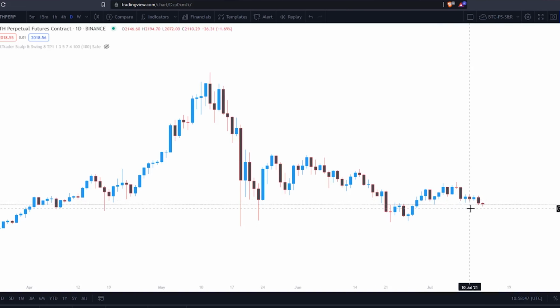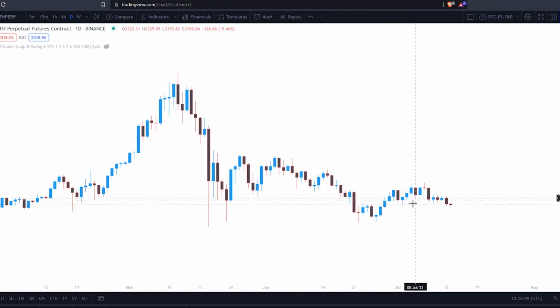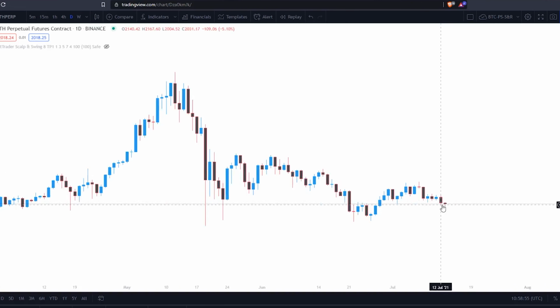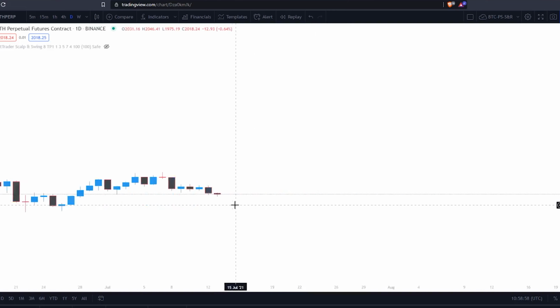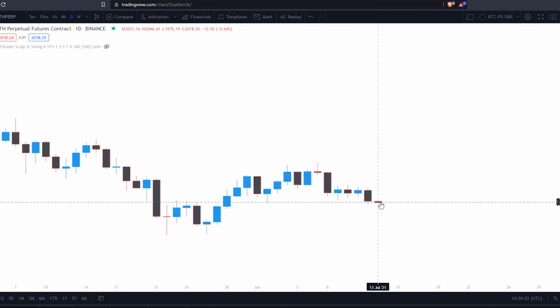And now we're in a position where these candlesticks are a lot smaller, and this would be a good example: we've got this candle right now where it looks like the selling power is becoming less prominent, and buyers are starting to keep the price above 2000. So again, what we could then see is a move to the upside from this candle here, but again, that could mean nothing.